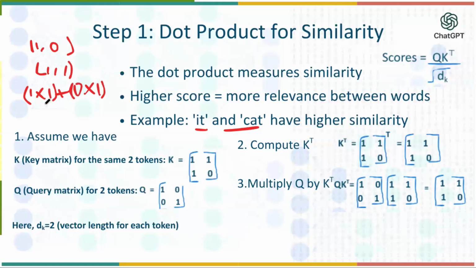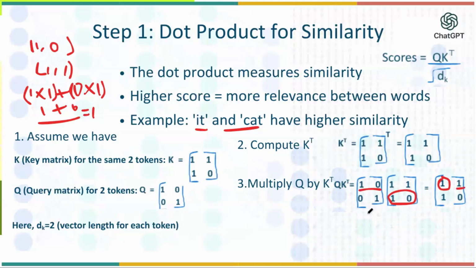So 1 by 1 is 1, plus 0 by 1 is 0, that is 1. All right. So in this case, we get 1 in the result. Again, we multiply the first row in the query matrix with the second row in the key matrix. The result is the same. That is 1. All right.